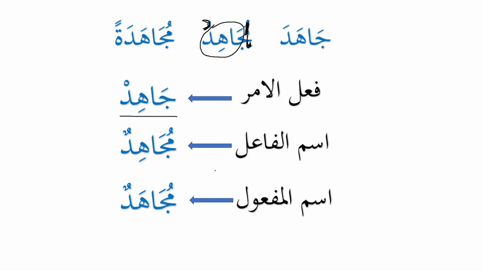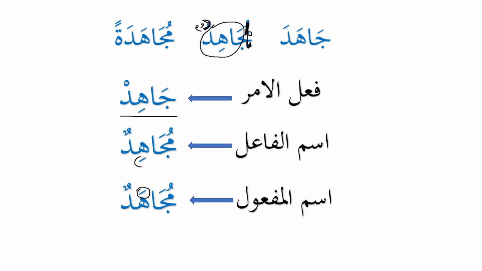Ismul Fa'il, as we have discussed many times, with the Mudari, what we do, we change ya into mu, and then in the end we put tanween, so it becomes mujahid. So mujahid is ismul fa'il, and mujahad is ismul maf'ul, as we can see over here.